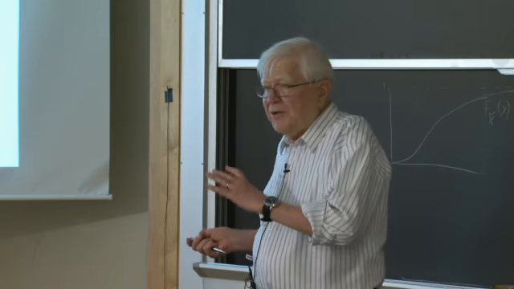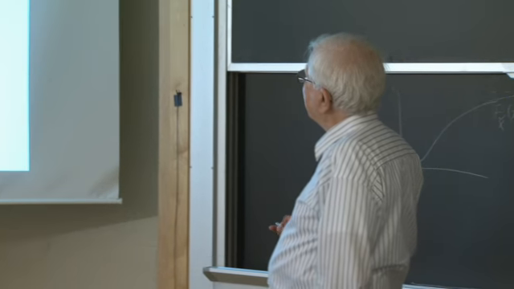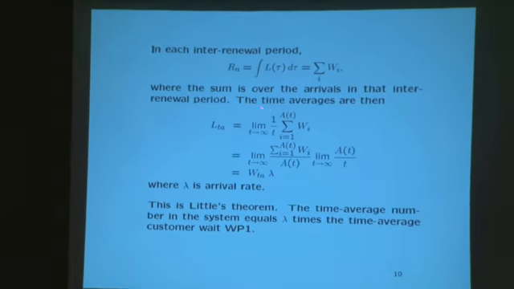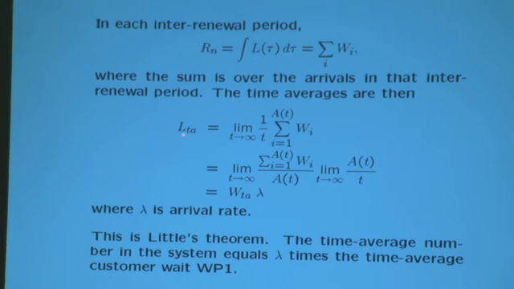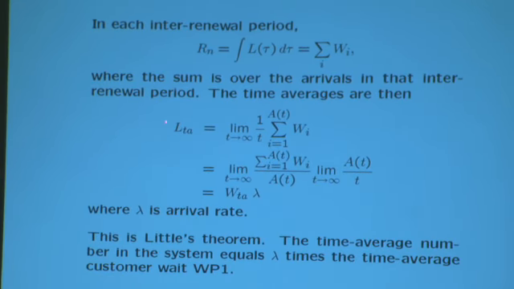So you know that when you take the time average, the time average number in the system is equal to the limit as t goes to infinity of 1 over t times the sum from i equals 1 up to the number of arrivals up until time t of W sub i.